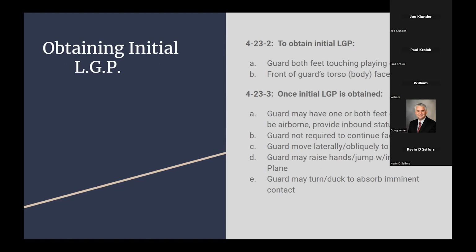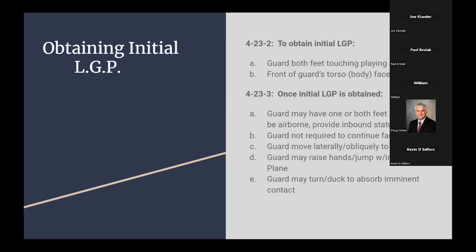That means if I'm turned and my shoulder is towards the ball handler, I can be set with both feet on the floor, but my shoulder is what's facing their torso and they crash into me, I was never legally established. Once I have both feet on the ground and torso facing the opponent, I can lift one foot, I can jump, provided I remain in a vertical plane.